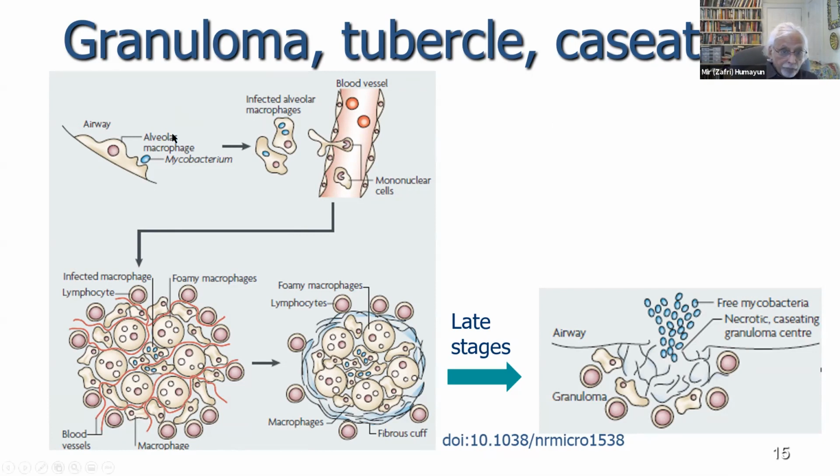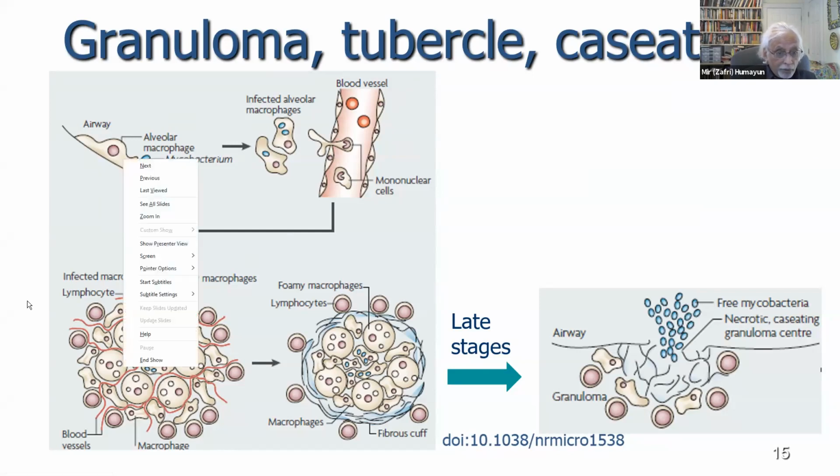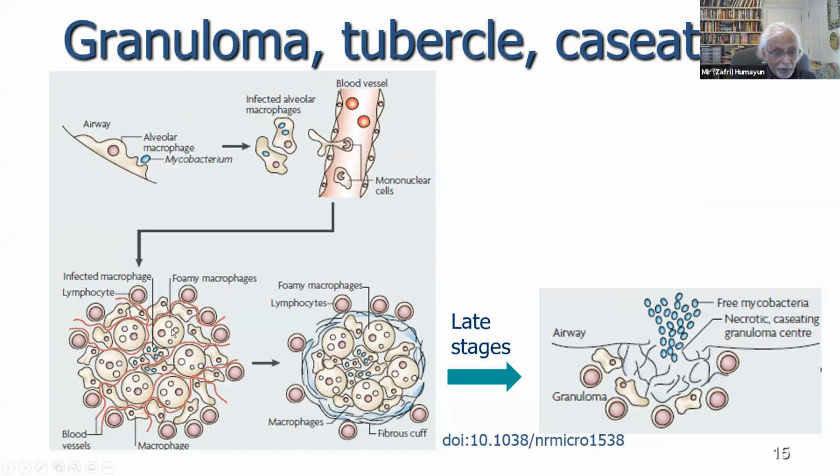When a Mycobacterium tuberculosis, the blue oval here, is taken up by an alveolar macrophage, the macrophage becomes surrounded by immune cells to create the granuloma. The granuloma matures and is encased in a fibrous cuff.